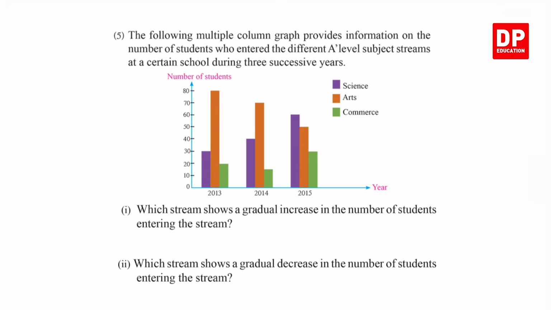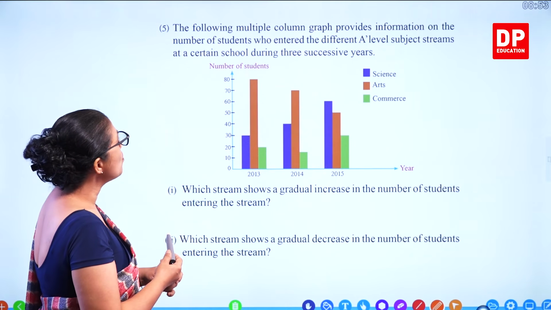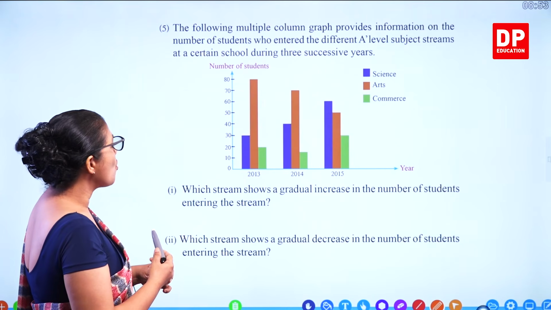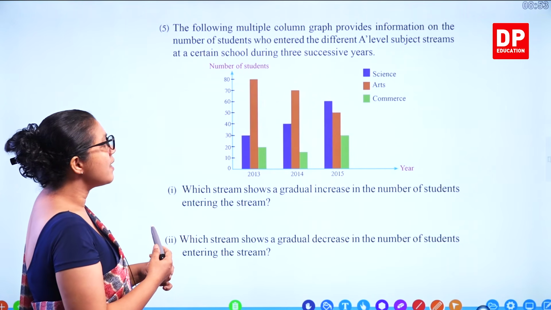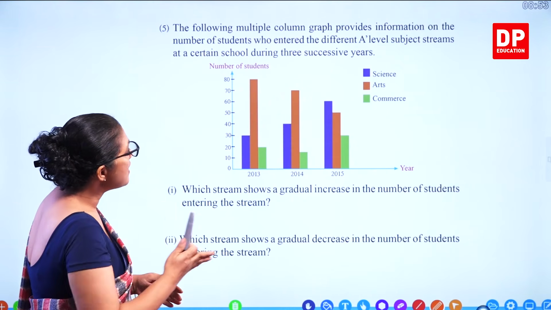The following multiple column graph provides information on the number of students who entered the different A-level subject streams at a certain school during 3 successive years. Which stream shows a gradual increase in the number of students entering the stream? So that means increasing.